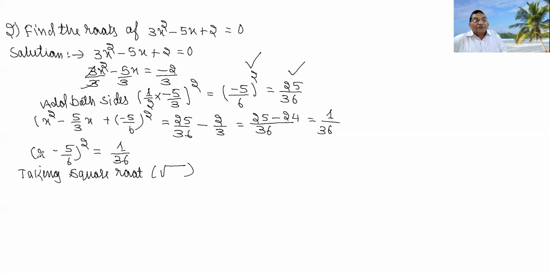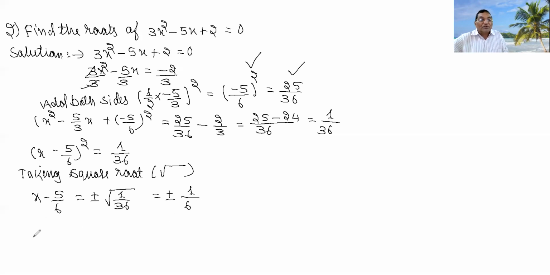Look here, if you take a square root, the square getting cancelled. You are getting x minus 5 by 6 equal to, look here, plus or minus root of 1 upon 36. And this is equal to plus or minus 1 upon 6, as root of 36 is 6. Look here, plus and minus coming.